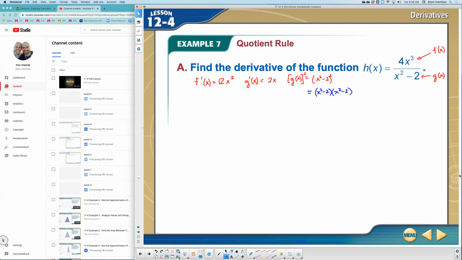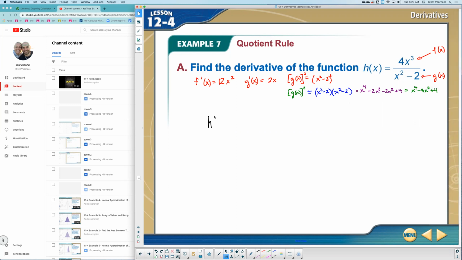If you FOILed all that out, I'm getting x squared times x squared, which is x to the 4th, and then minus 2x squared, another minus 2x squared, and then minus 2 times minus 2 is a positive 4. We could simplify that and say, okay, all of that will be x to the 4th minus 4x squared plus 4. That right there is g of x quantity squared, or the function g squared. Okay, with that, let's find h prime.